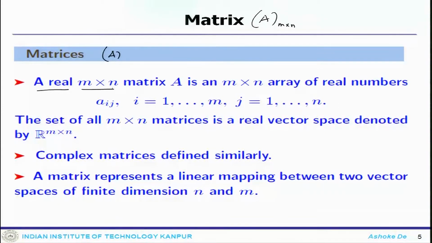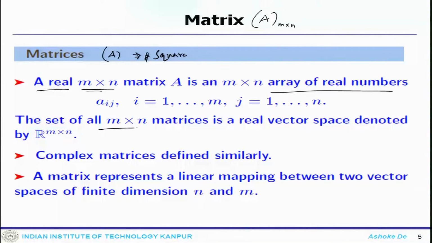So, it is not necessarily a square matrix. These are all generic terms; if m equals n, then it will become a square matrix, but in the discussion, the m by n system is a certain array of real numbers.